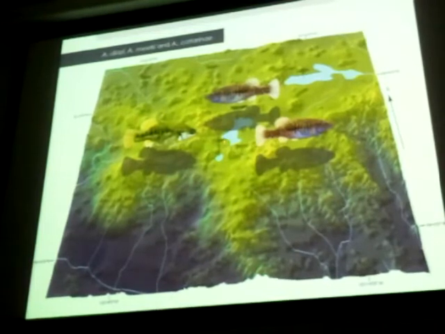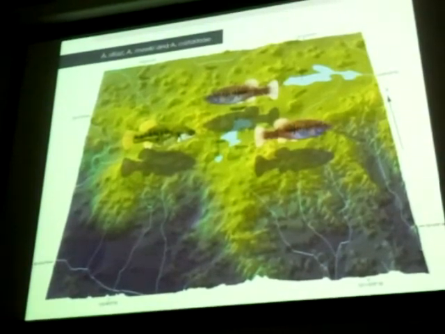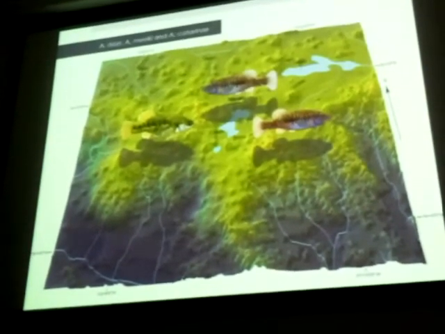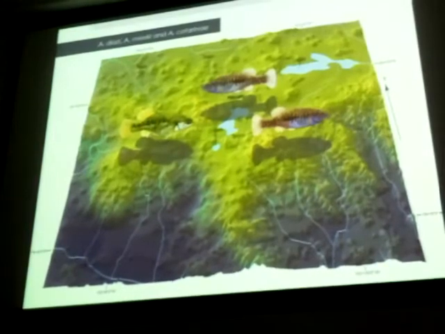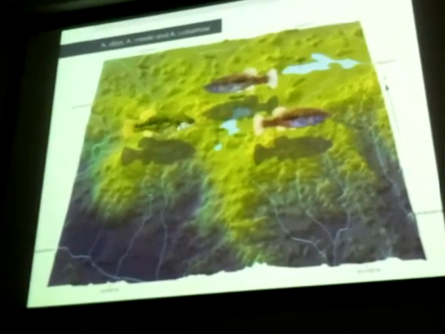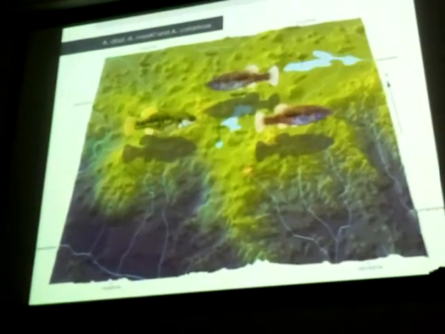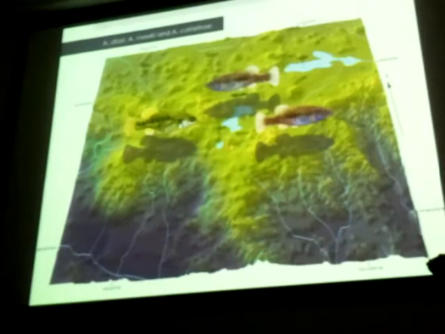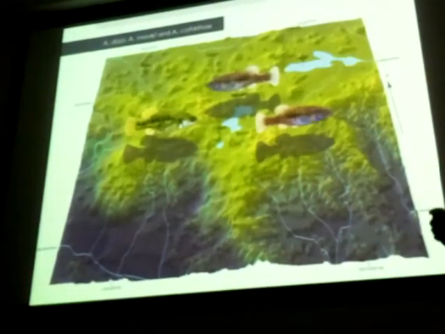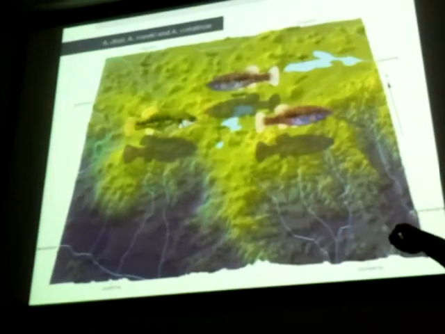Pátzcuaro Lake suffered desiccation and change of level in this period, and Sirwen and Opopeo was split, well, the tributary, by the formation of these mountain chains.